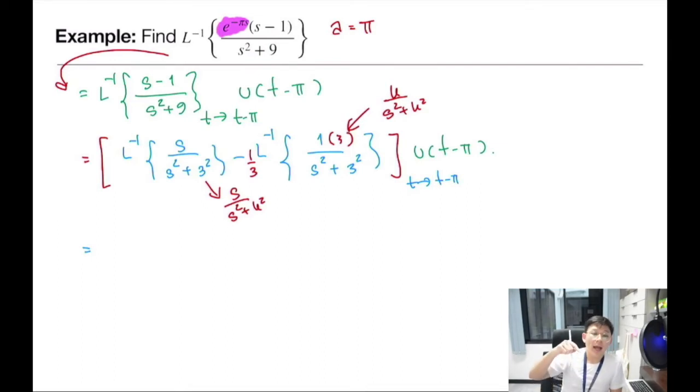Okay, so L inverse of s divided by s squared plus 3 squared, that would be, what is it? It will be cos, right?